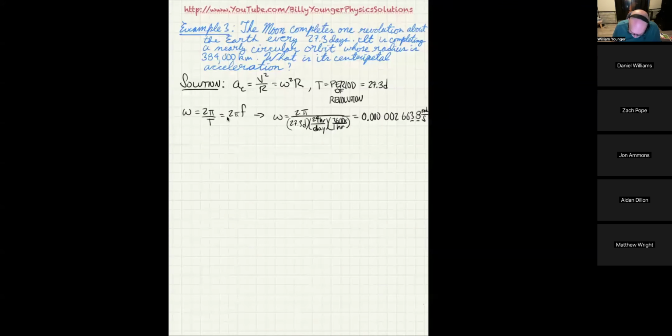Now that I have omega, I can go ahead and calculate what AC is. The centripetal acceleration is omega squared r. And of course, we can't use r in kilometers; we've got to use it in meters. So I'm going to say 2.6638 times 10 to the negative 6 radians per second, squared, times 3.84.